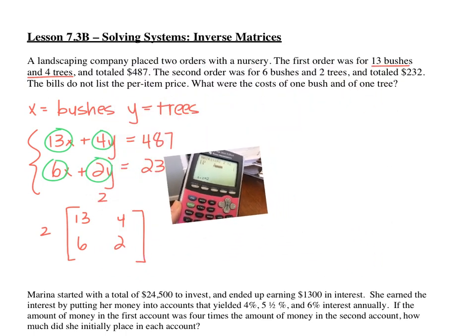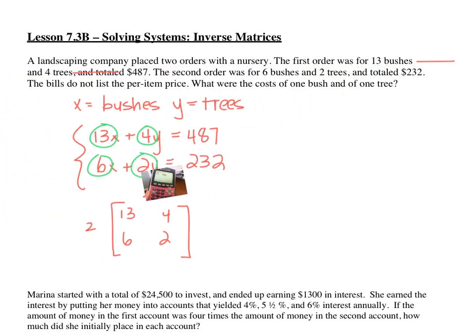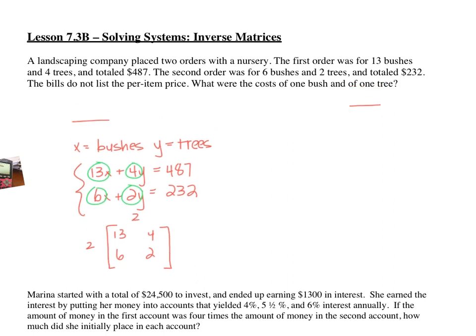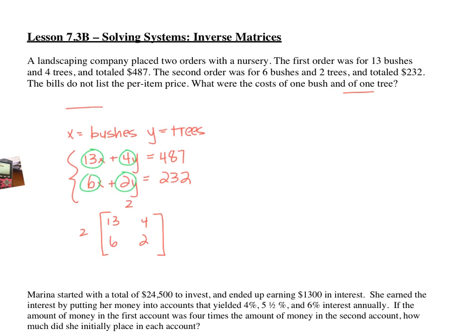All right, let's clear that out of the way here. Okay, now we want to set up our second matrix. And our second matrix is the variable matrix. And our variables are X and Y. We don't need to list them as a square matrix.